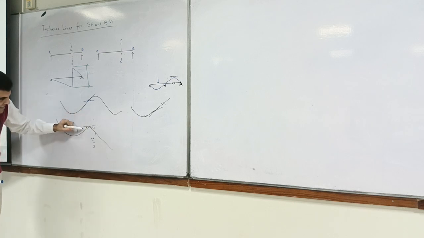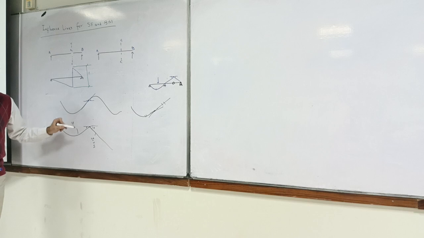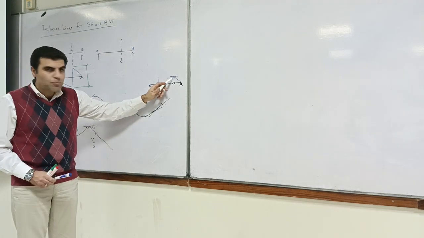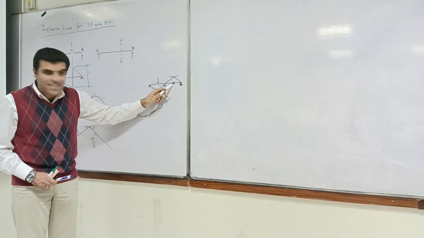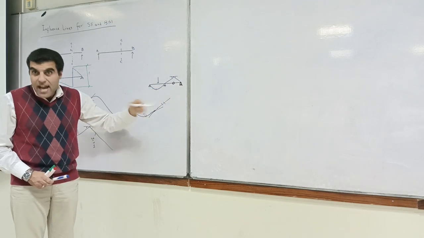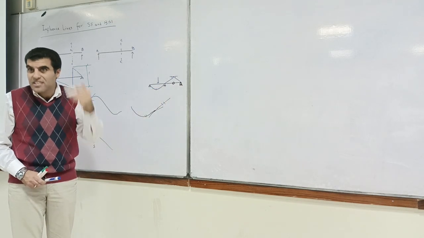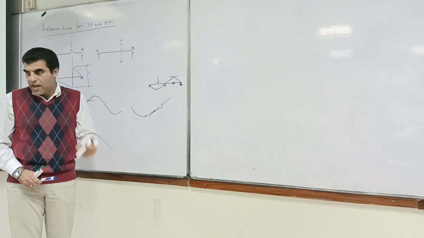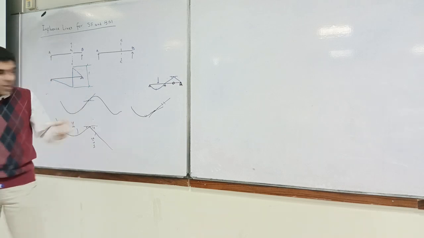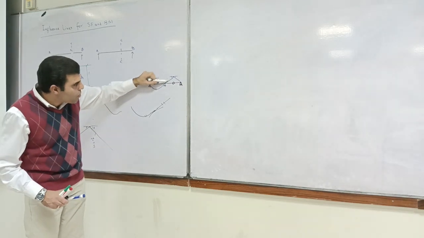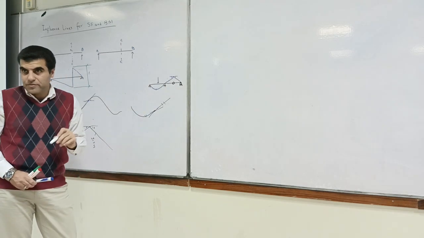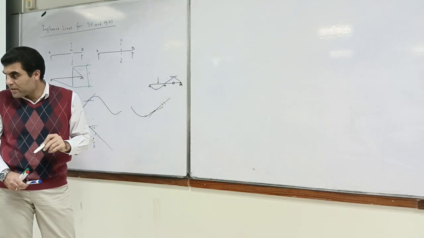So there is a discontinuity in the slope at this point. And my point is that in the case of moment, when we put this internal hinge there, we have a discontinuity in the slope. If you put an internal hinge, there is a discontinuity in the slope of your elastic curve. Do you understand my point?